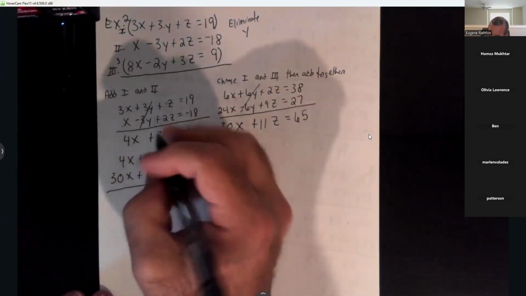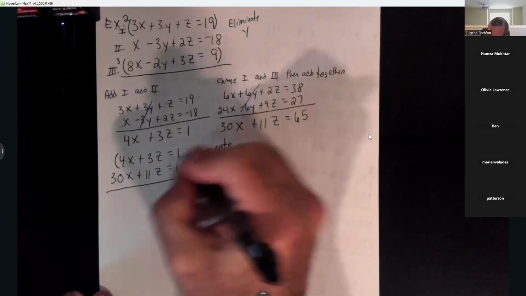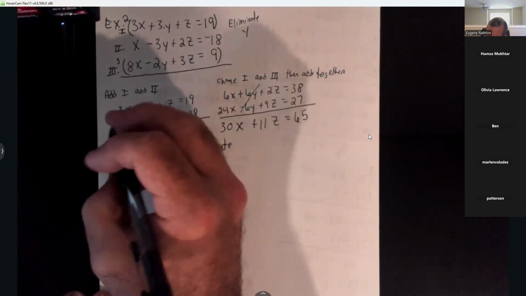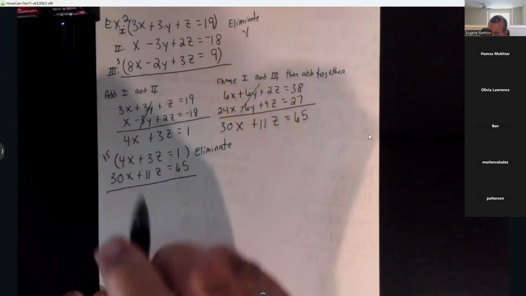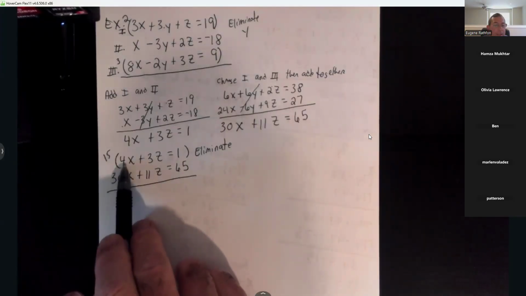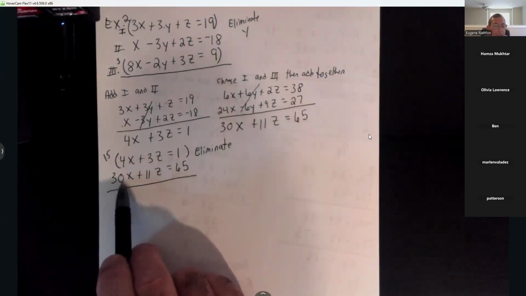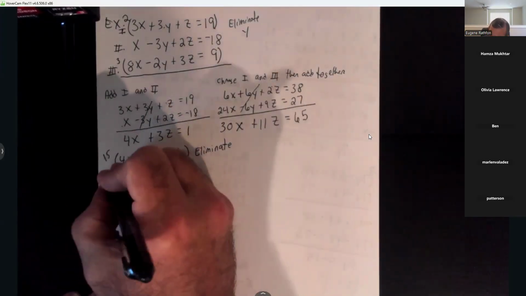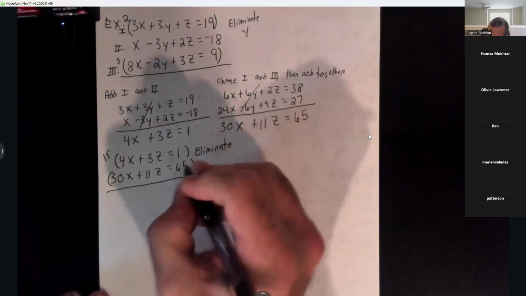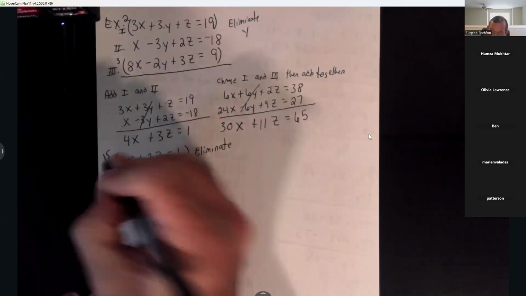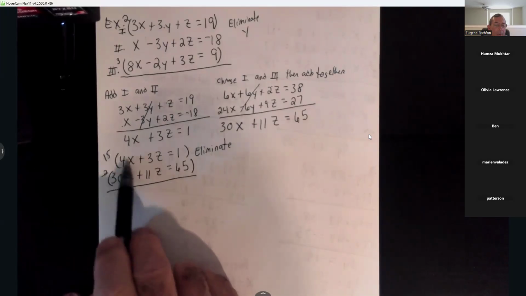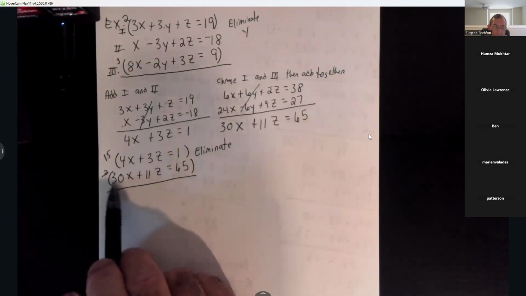So I'm going to multiply this top row by 15. 4 times 15 is 60. Here I got a 30. I'm going to multiply this row by -2. Because remember, one of them's got to be positive, one of them's got to be negative.